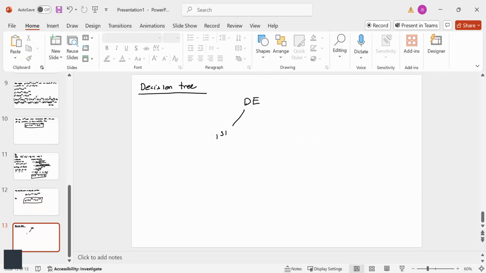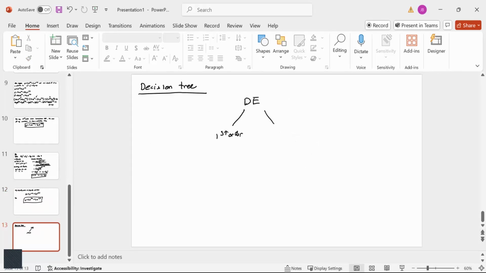All right, is it first order? Is it second order? Now, right now, we don't care about first order because we're not doing that. Okay, when you get to second order, you have two questions. Is it linear or is it nonlinear?